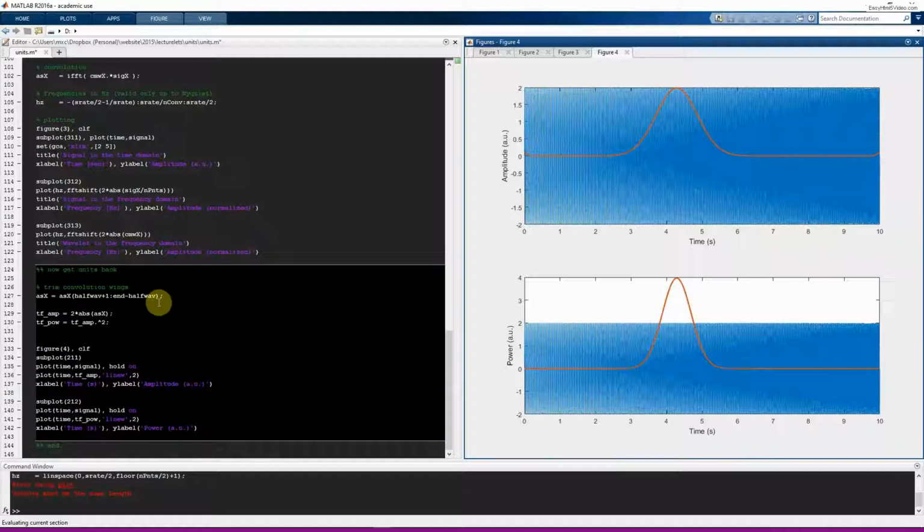But again, I would like to close this lecture by begging you not to lose sleep over this issue. If you really somehow need to have the results of the FFT and wavelet convolution to be back in the original units of the data, then it's fine. You can follow this code.